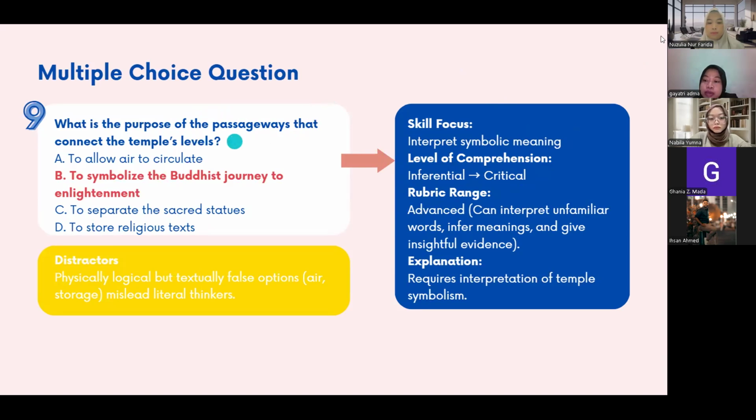And based on the rubric, when the students can answer this question, they are at the advanced level. It means that the students can interpret unfamiliar words, infer meaning, and give insightful evidence.